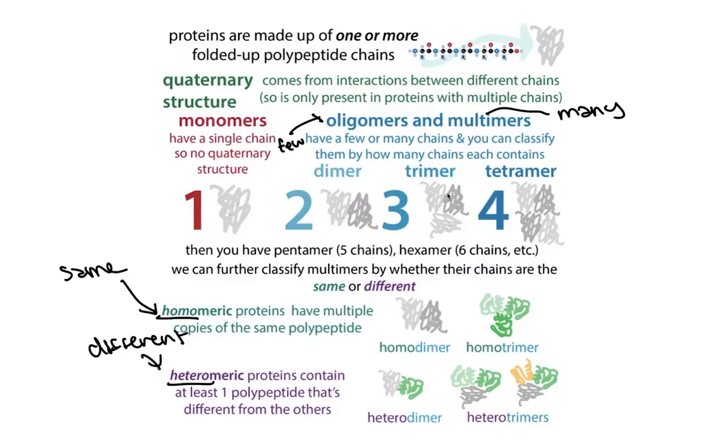So we can talk about a homodimer versus a heterodimer, or a homotrimer versus a heterotrimer. If they're all the same, we can call the repeating unit, each chain, a protomer. And when they join together, then that's when you get this multimer. And so those are different terms that you'll see used to describe the quaternary structure.